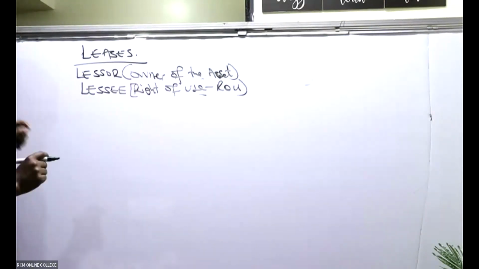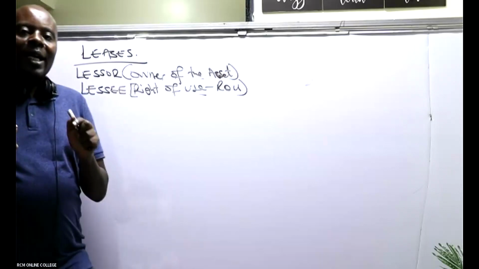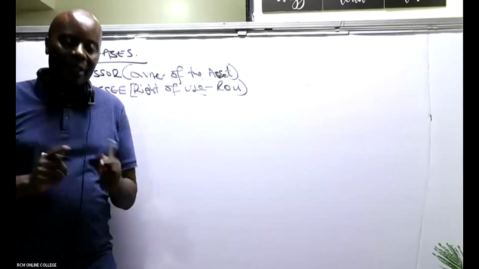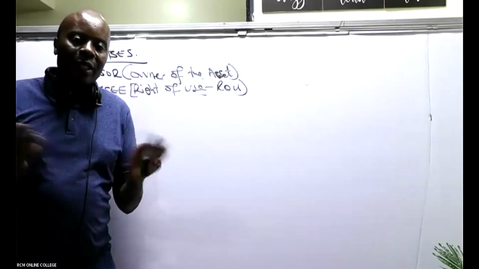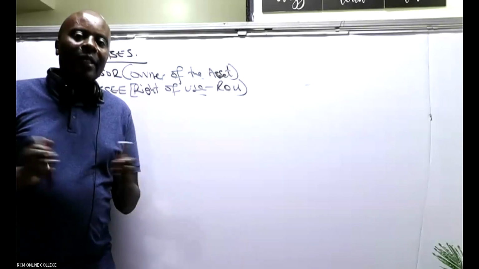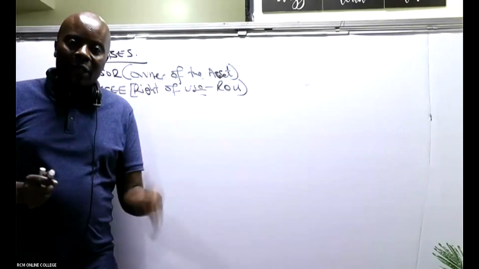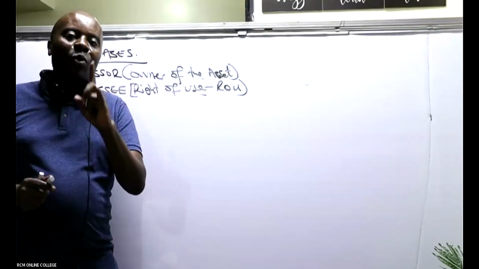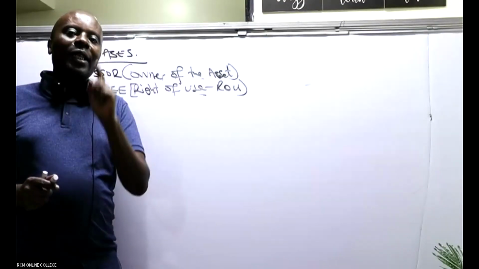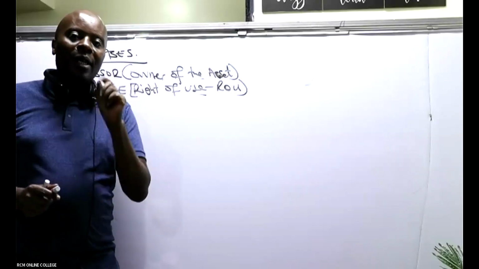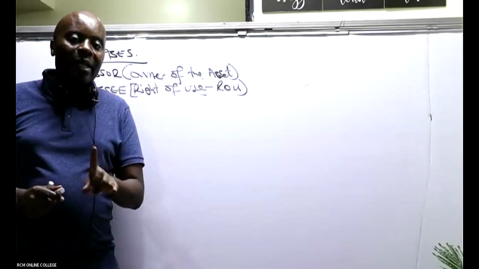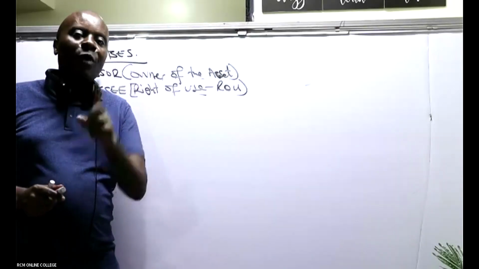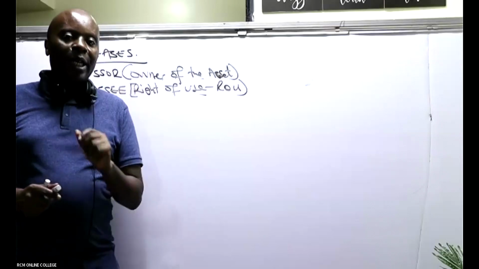So he's given the right to use this particular asset, which he doesn't own. And then at the end of each month, for example, or even at the beginning of each month, he'll be required to pay what we call lease rentals. He'll also be required to stay in this particular premises for a specified period.